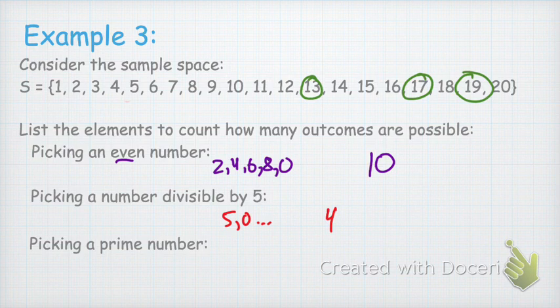None of the even numbers are prime. 2 is the only even prime because it's divisible by only 1 and 2. That's it. 3 counts. It's divisible by 1 and 3. 5, 7, 11 is a prime number. And this is it. Every other number is divisible by something.